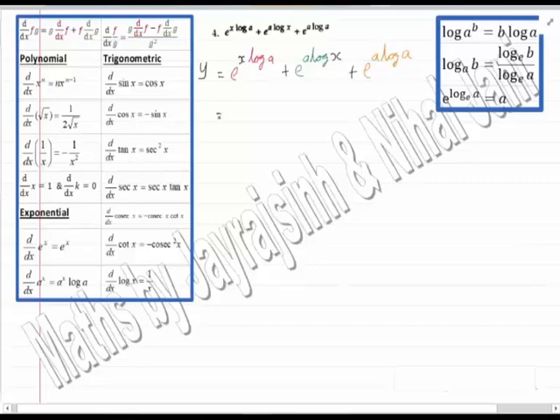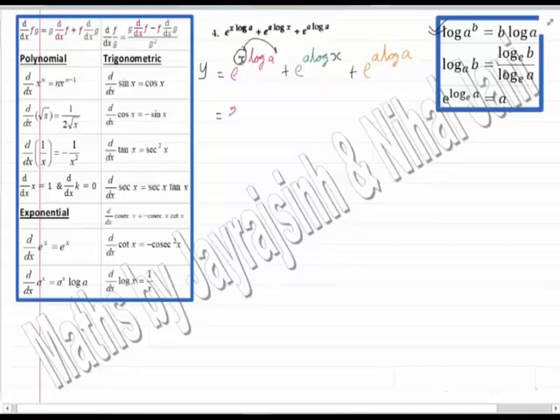Okay, now if we talk about the first term, let's move this x to the power using the first property, that if we have log a raised to b, then we can multiply the power with log a, right? Okay, we are not using the formula of differentiation, mind well please.